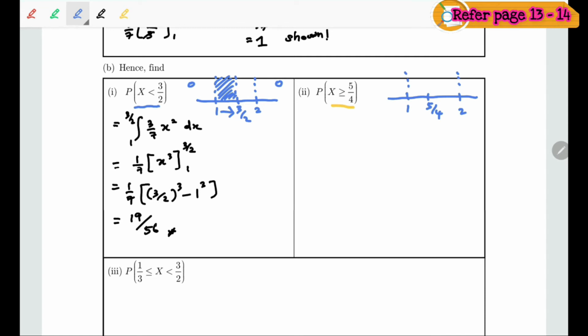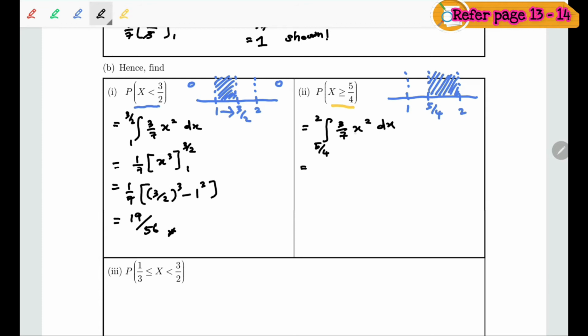The question asks for greater than 5 over 4, so we have to find the area from 5 over 4 up to 2, since 2 is the uppermost limit. This means we integrate from 5 over 4 until 2 the same function, which is 3 over 7 x squared dx.